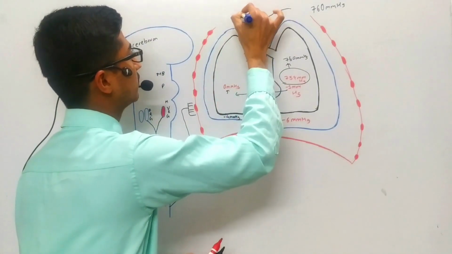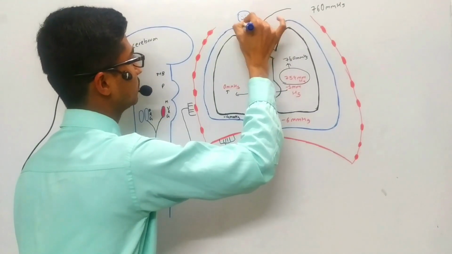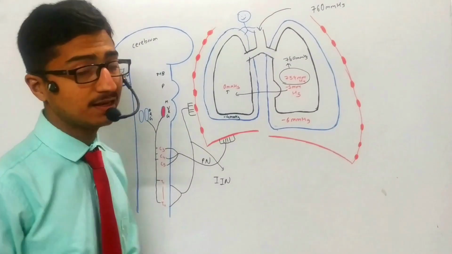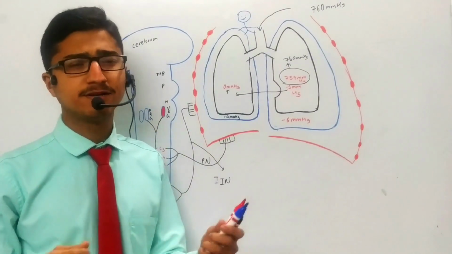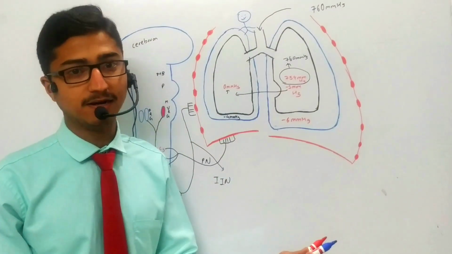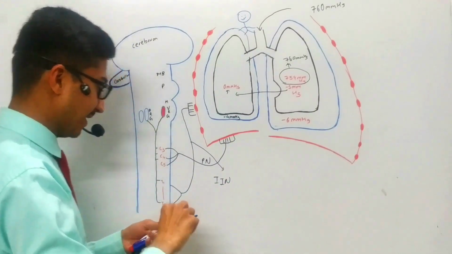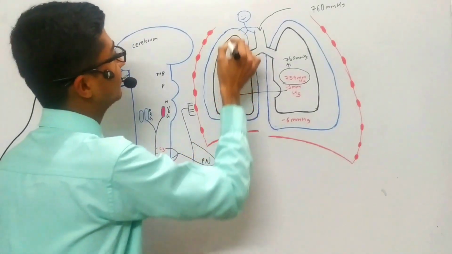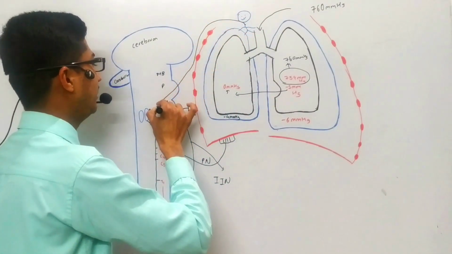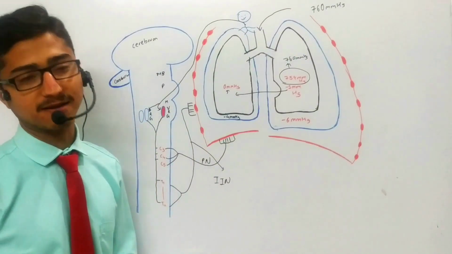So, this is our stretch receptor. When the lungs enlarge and reach a certain limit beyond which they cannot expand, these stretch receptors get activated, and they send a signal to the medulla oblongata in the VRG and in the DRG to stop the stimuli.